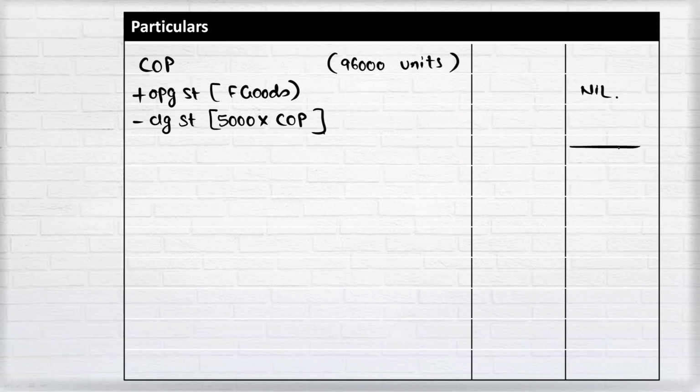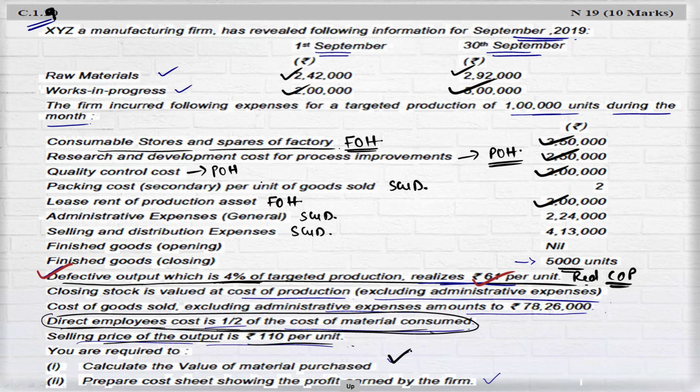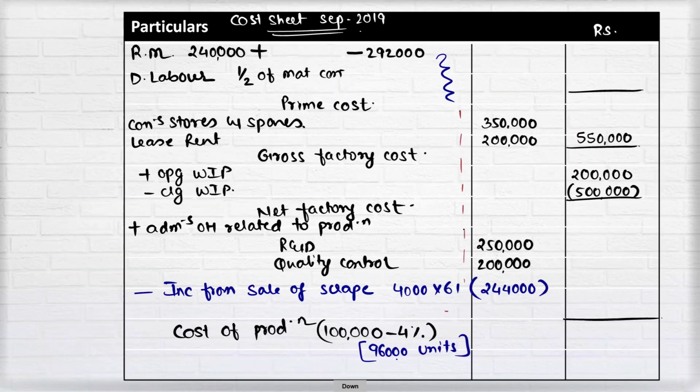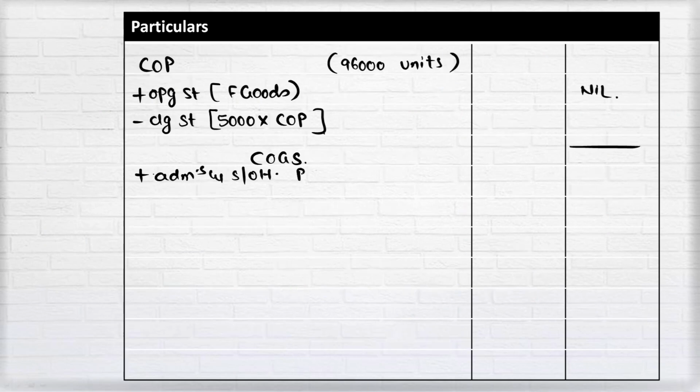I will be getting COGS plus administrative and selling overhead. Packing cost, secondary, per unit of goods sold is 2. Help me out.